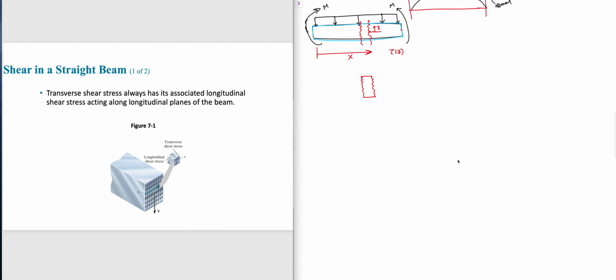So because the longitudinal direction is X, because it's a thin strip, I'm going to name this delta X. Okay. Then when we make a cut, what are we used to?